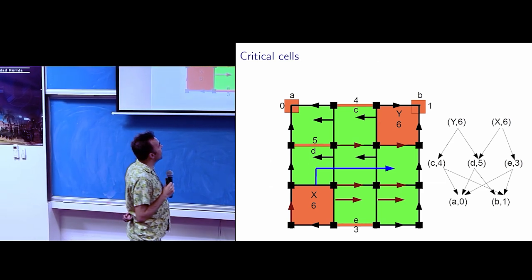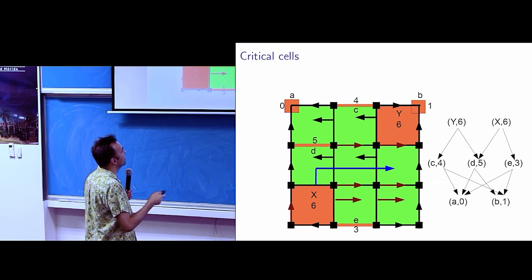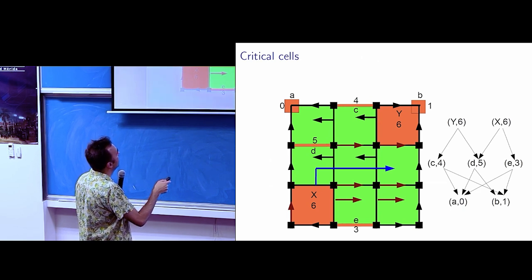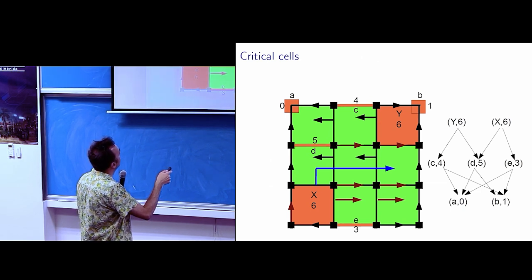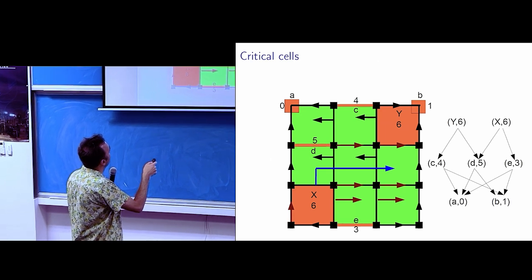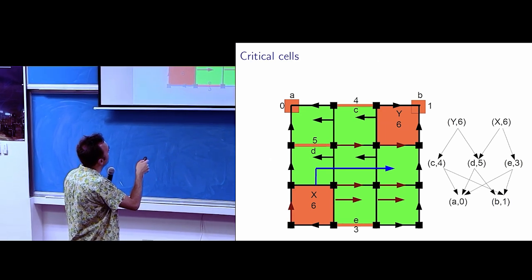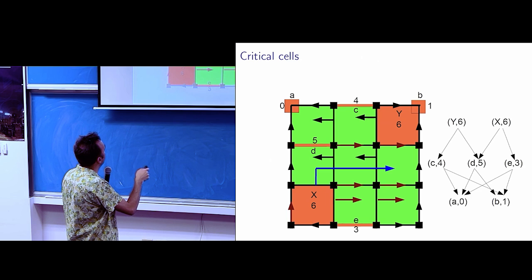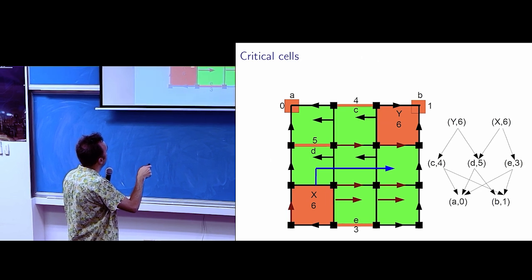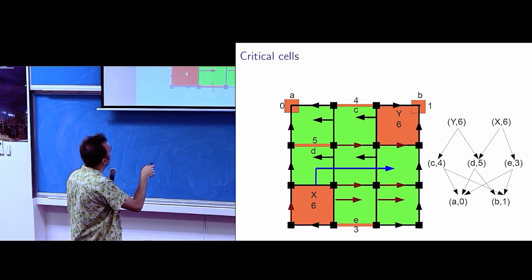And what you can observe is that, actually, we can go through this together. So boundary of Y is C and D. So there is Y, there is C in the boundary, and there is D in the boundary. For X, there is D and E. There is E in the boundary, and there is D in the boundary.